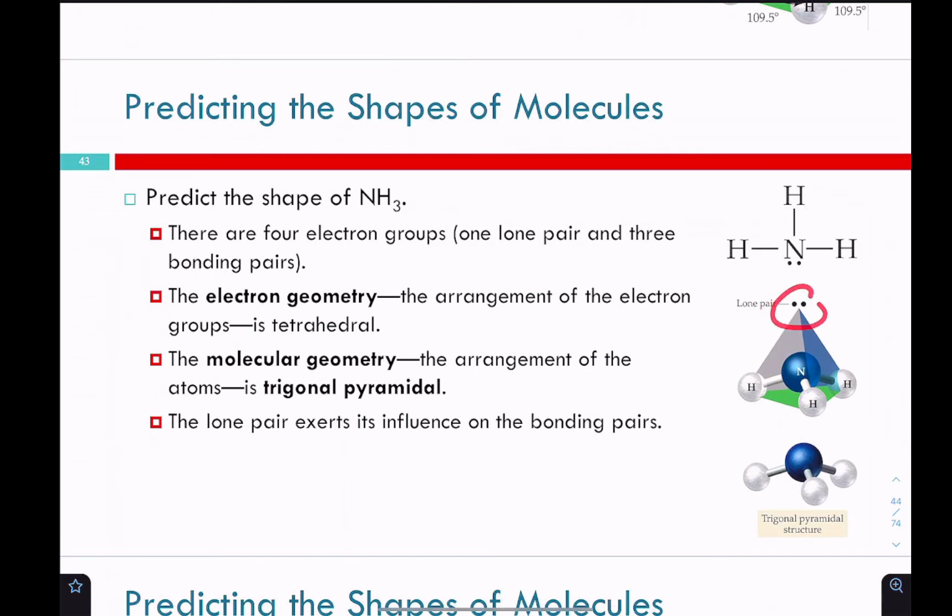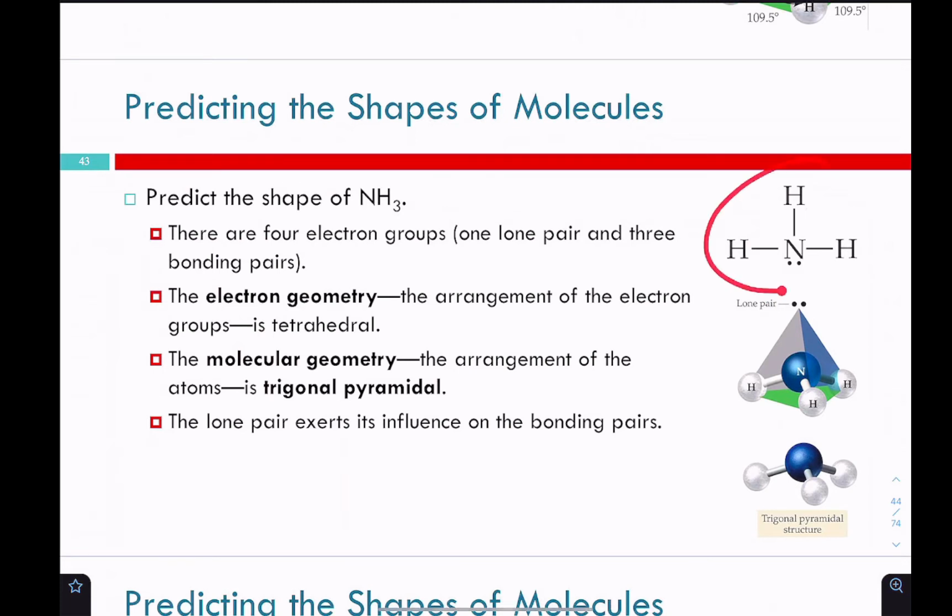That lone pair has the same repulsion as the other electron groups, the bonded atoms. And now we have a difference between the electron geometry, which is still tetrahedral, and the molecular geometry. So this is actually NH3.